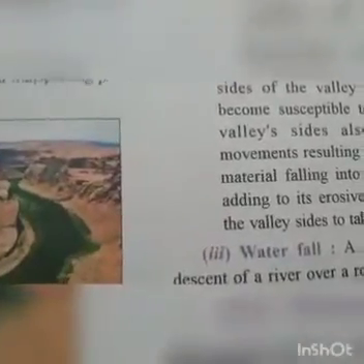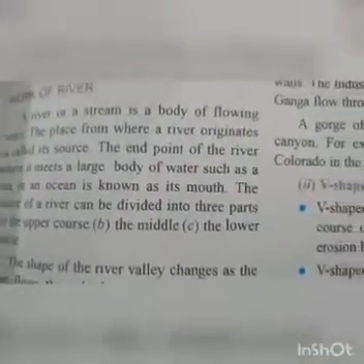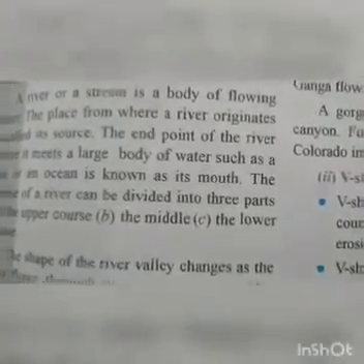So the river in this course develops typical landforms, and those landforms are your gorge, that is I-shaped valley, and V-shaped valley, and as well as you'll also get waterfall and rapids, cataract. So these are the typical landforms which are developed during the upper course of the river.